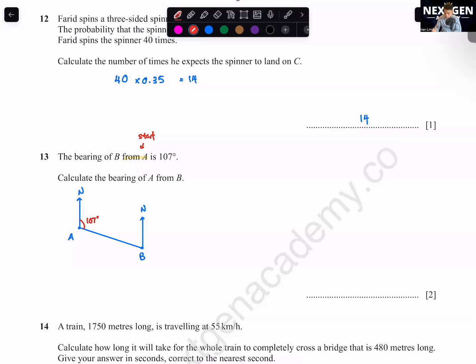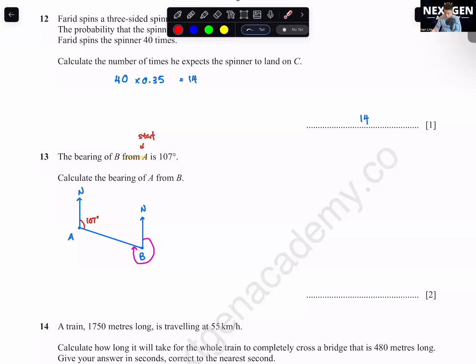They want us to calculate the bearing of A from B. Okay, where is A from B? A from B, the bearing will be over here. Got it? So what can I do to find the angle? Can I find this angle here, then take 360 minus the angle?